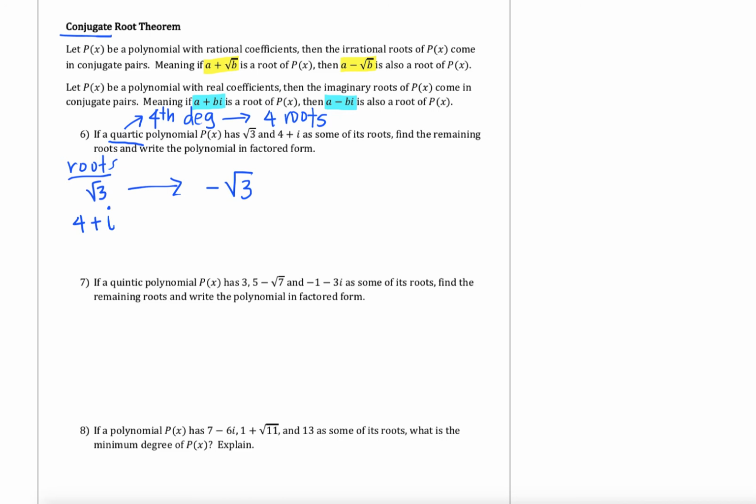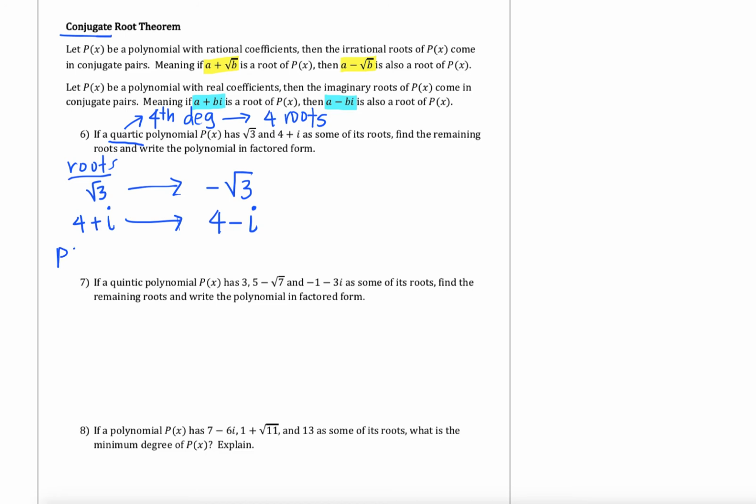Here our a is equal to 0, and our b is 3. Likewise, since 4 plus i is a root, that means that 4 minus i is also going to be a root, since our complex conjugates come in pairs. So now I actually have a total of 4 roots, which is exactly what I was looking for.